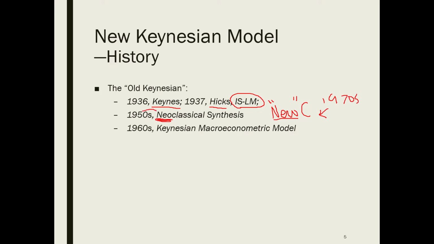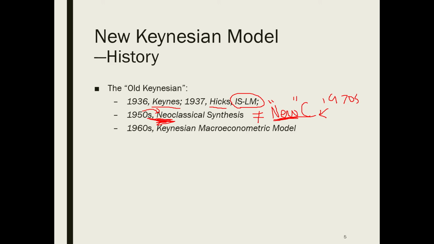The NEO classical is a school of thought starting from 1870, which is 100 years earlier than the NEW classical school of thought. Basically, everything we have learned today in economics belongs to NEO classical, while NEW classical in the 1970s is just a special school of thought in NEO classical.